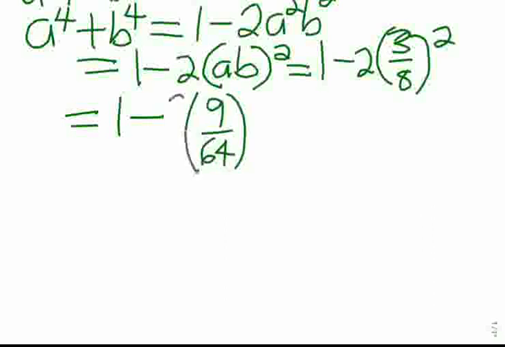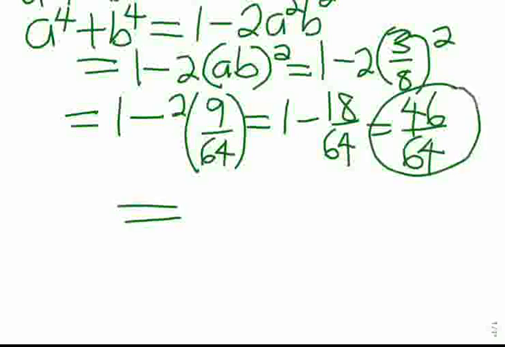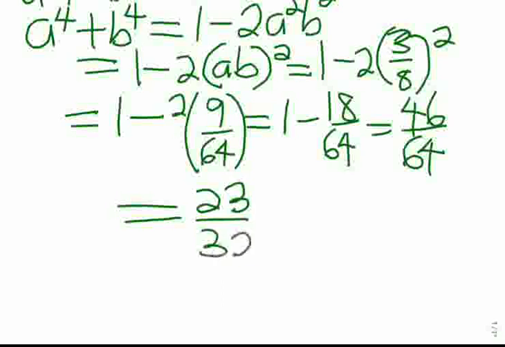This is multiplying that 2 there. 9 over 64 times 2, that is 18 over 64. 1 minus 18 over 64 gives 46 over 64. And when you reduce 46 over 64, you will get 23 over 32.